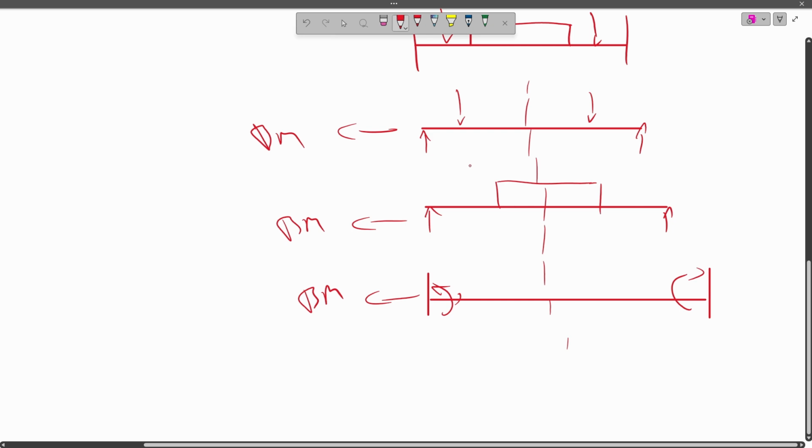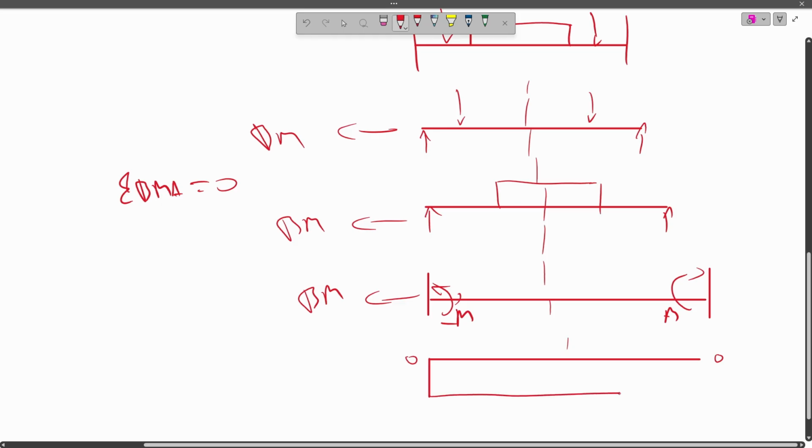You'll split the beams like so, and then you'll equate the sum of bending moment areas to 0. These moments right here will be negative, meaning the bending moment diagram for this one, so this is 0, this is 0, will go down to negative and negative.